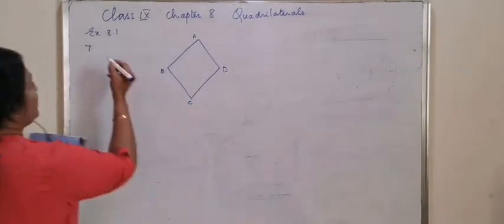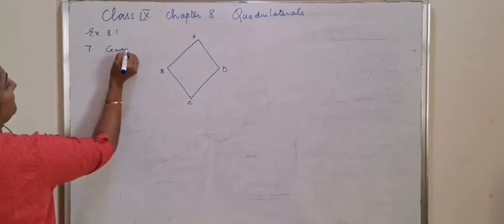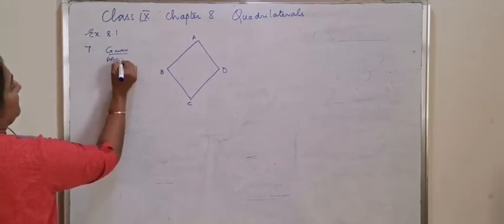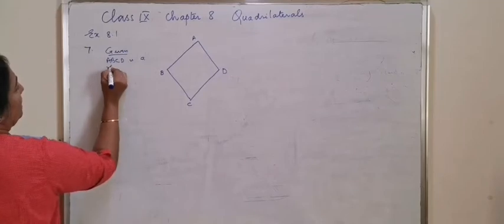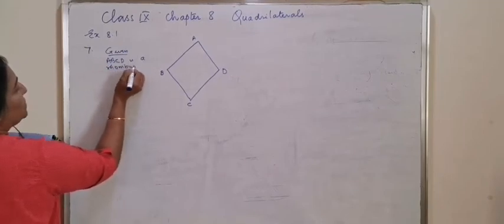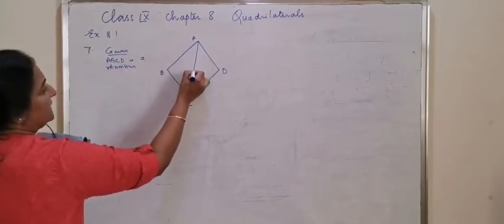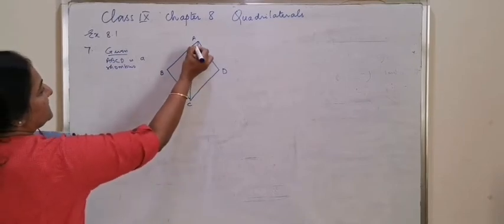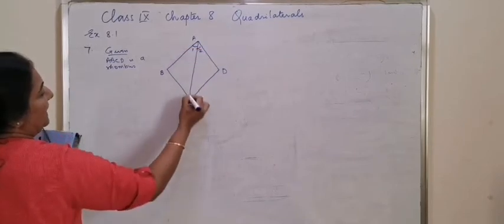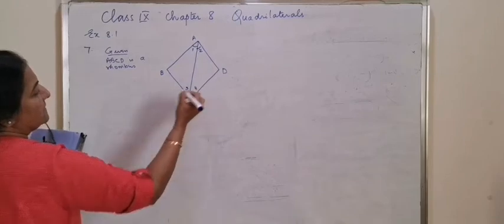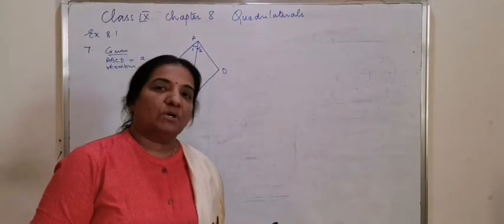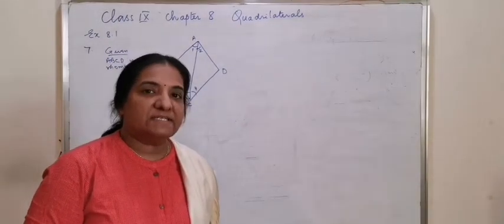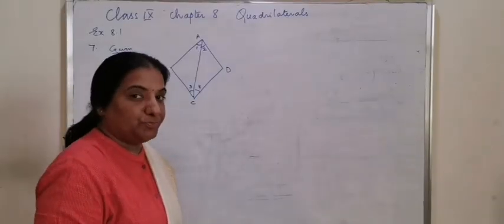So given ABCD is a rhombus, what is to prove is the diagonal AC bisects angle A and angle C. That is what we have to prove as the first part.